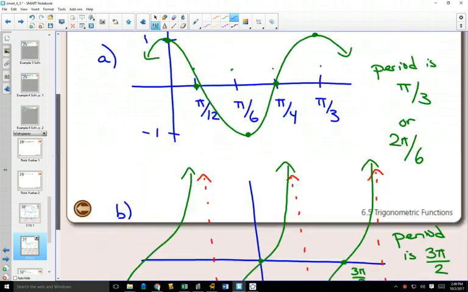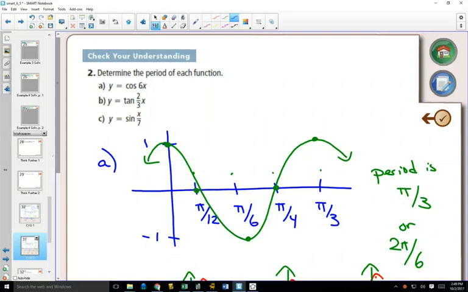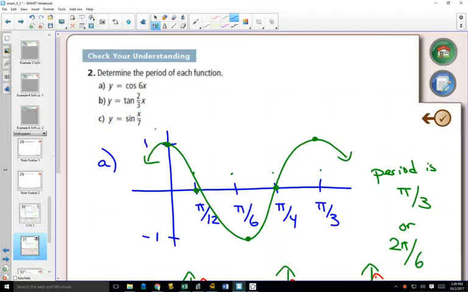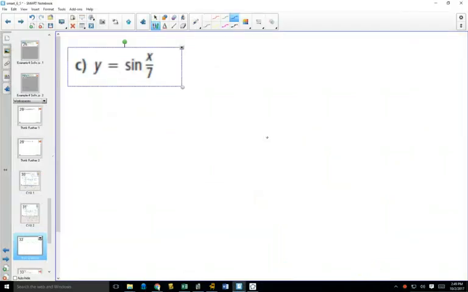And part C. What's going to happen here? A bigger one? Yes. The horizontal stretch by 7.